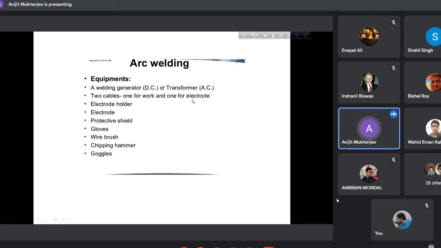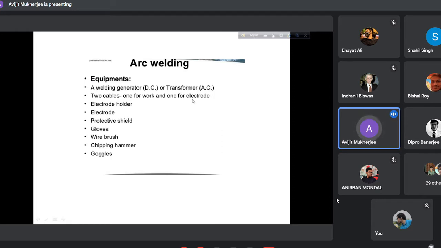Electrode in welding, in arc welding particularly, and sometimes in gas welding also some electrode rod is used. That is nothing but filler metal. As we mentioned yesterday, we require some additional material to be deposited, depending on the gap between the two pieces, which depends on the edge preparation.